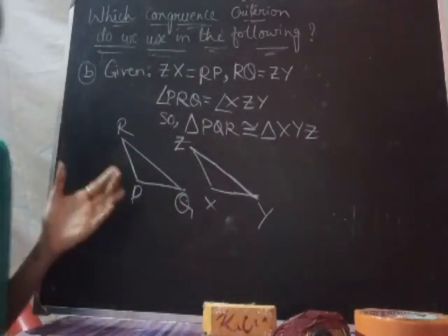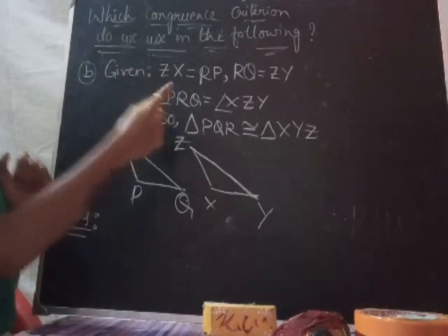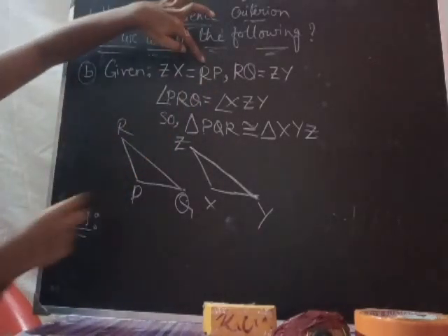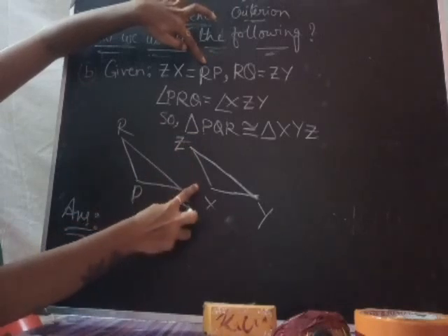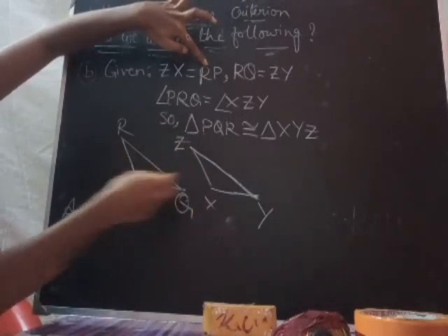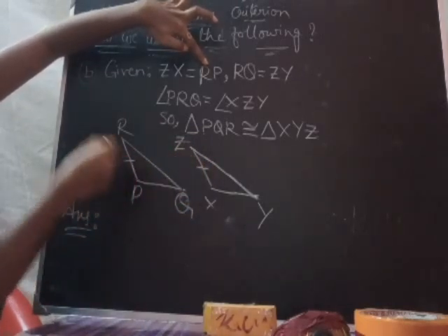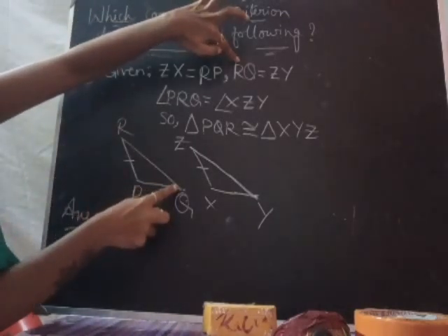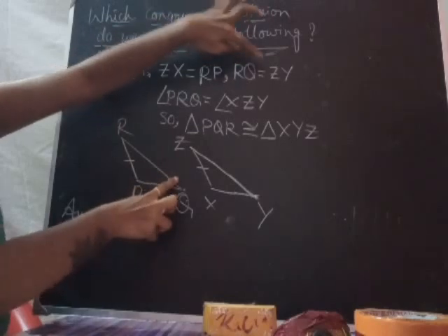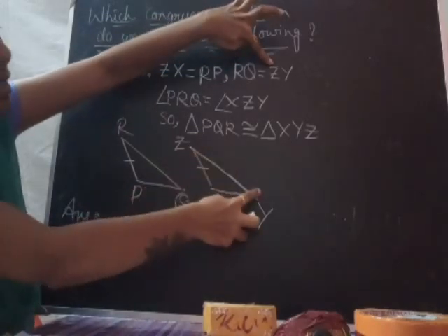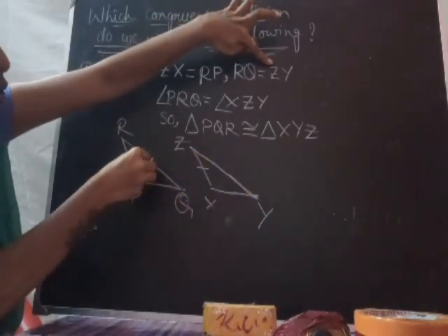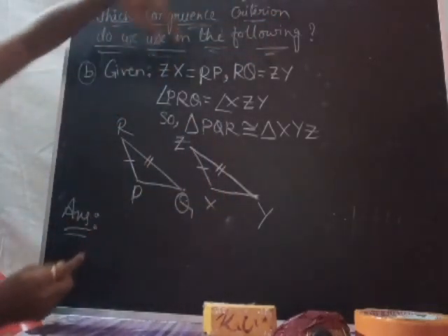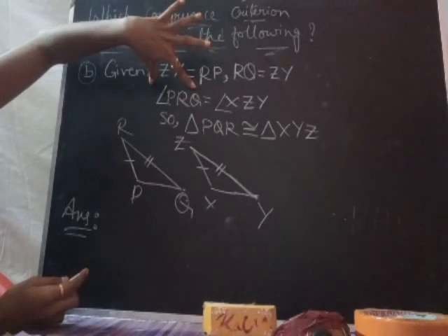What they have given here: ZX equals RP, and second, side RQ equals side ZY.